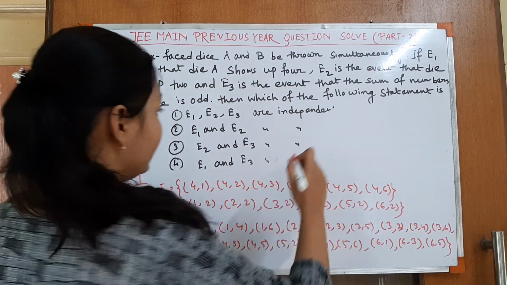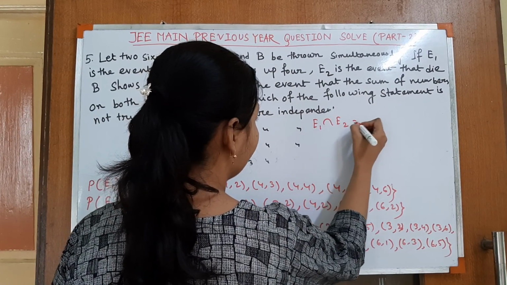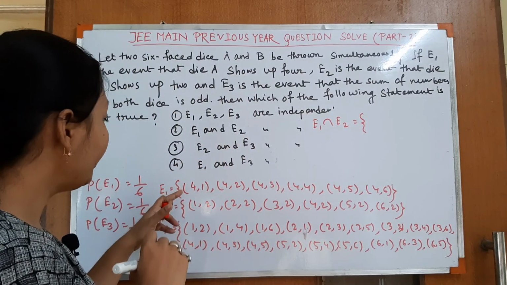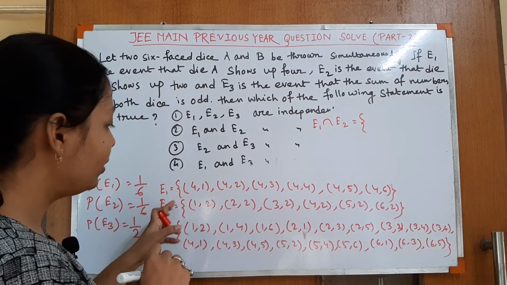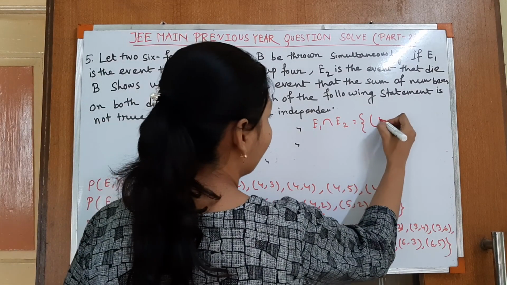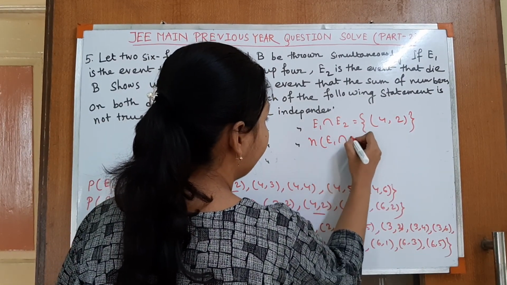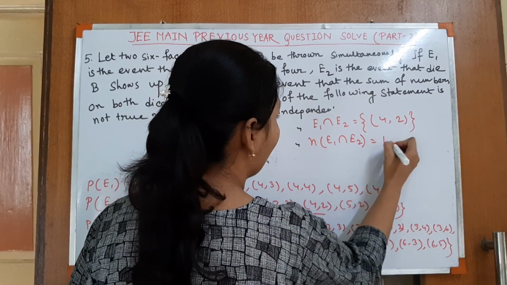Here E1 intersection E2, that is the common element between the two sets E1 and E2, is only (4,2). So the number of elements in E1 intersection E2 is 1.